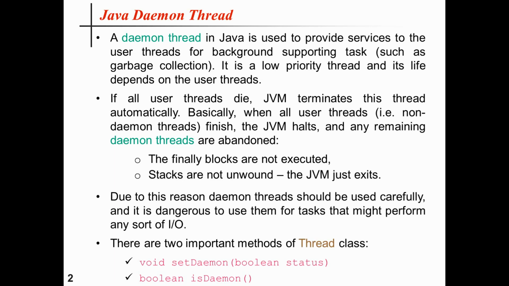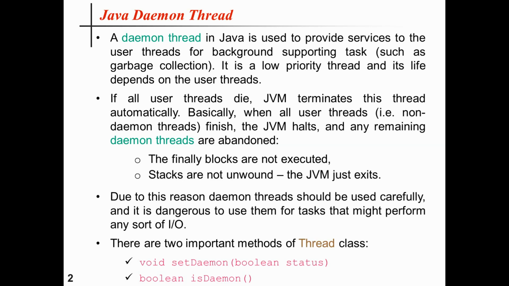Essentially, when all user threads, that means non-daemon threads, finish, that means they have completed their task, the JVM halts and any remaining daemon threads are basically abandoned. That means the finally blocks are not executed and stacks are not unwound and the JVM just exits. So that is the typical property of a daemon thread in Java.